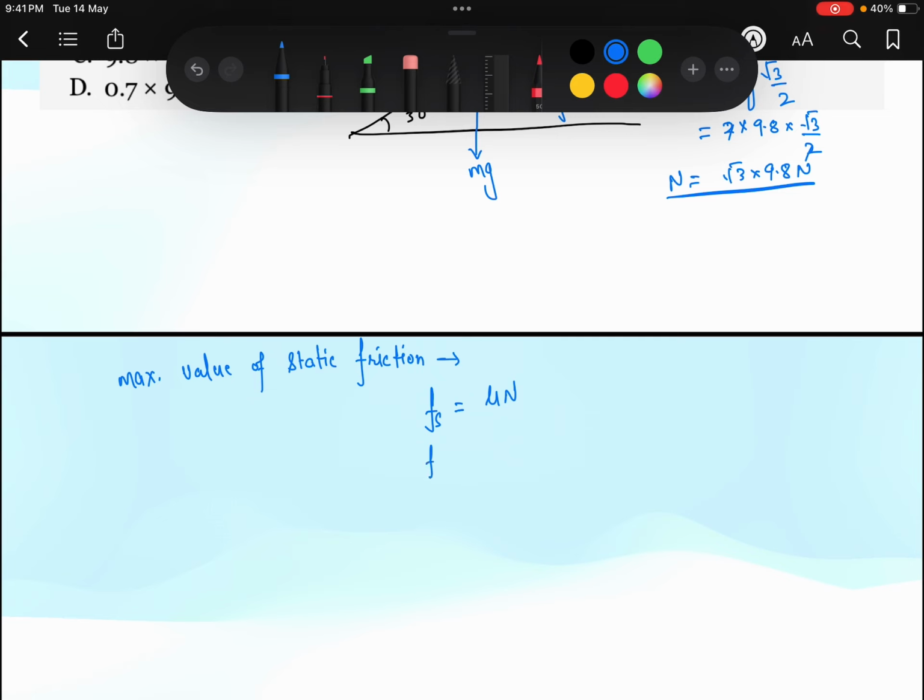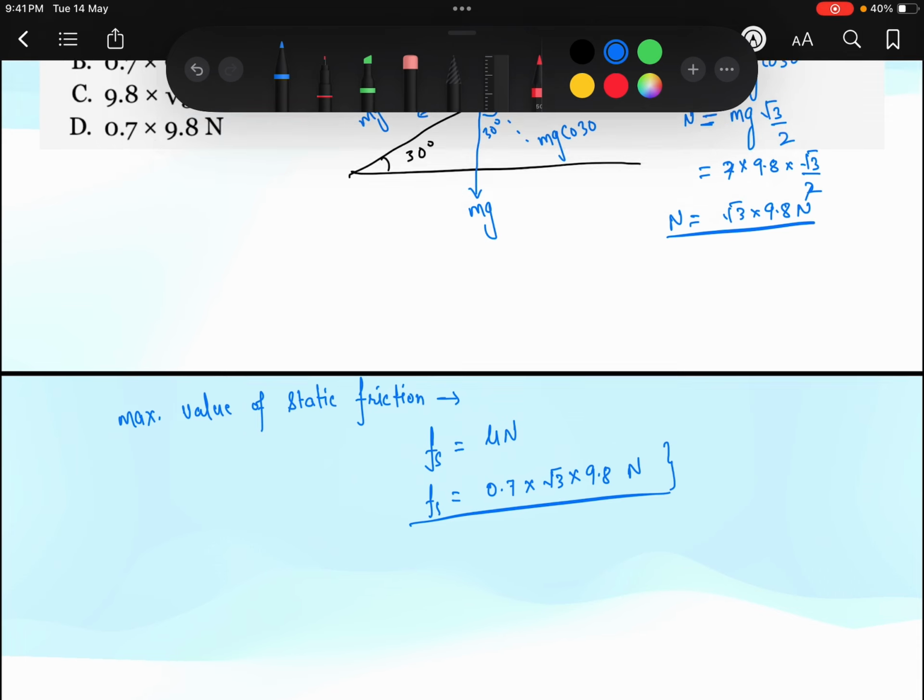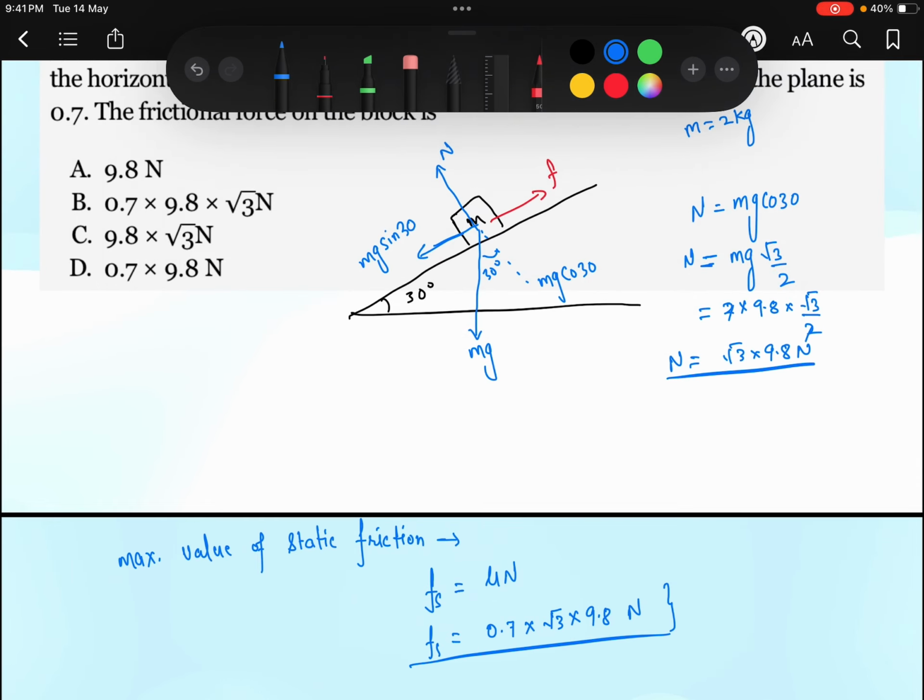So this Fs will be equal to 0.7 multiply this normal force, root 3 multiply 9.8 Newton. Okay, so this is the value of static force that can be provided to keep this block stationary, to prevent the relative motion between this block and the inclined plane.